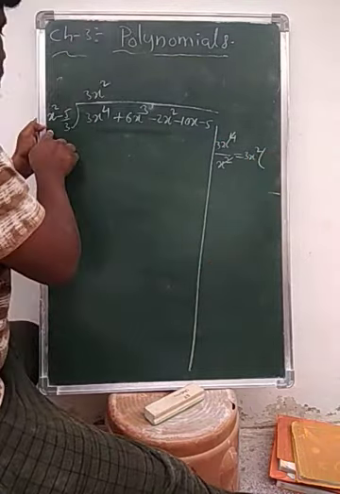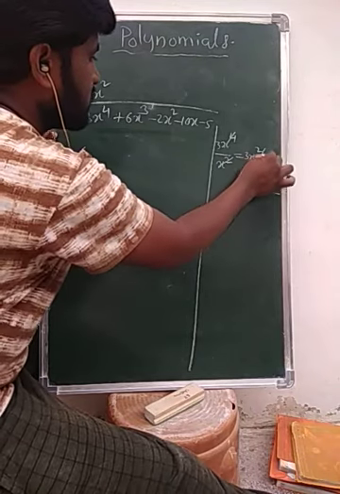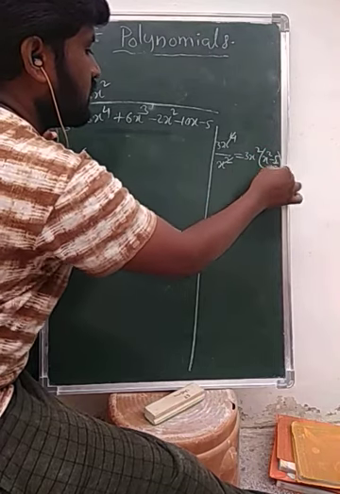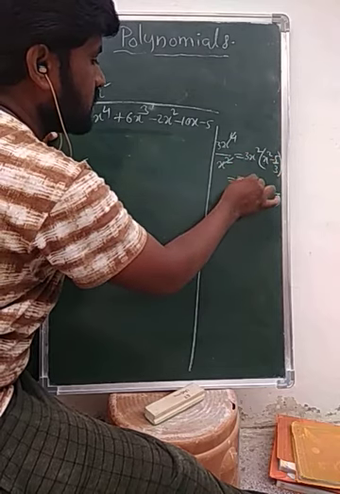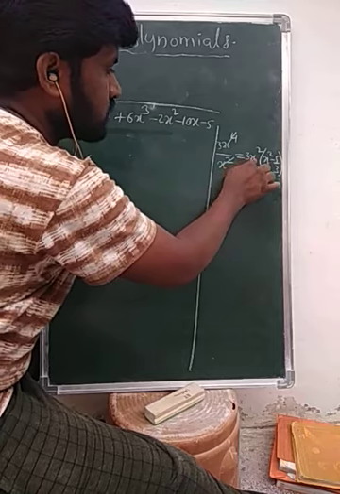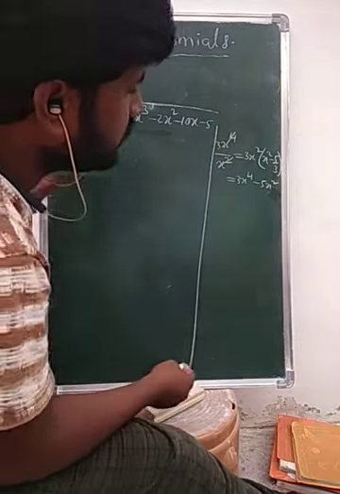Again you multiply the divisor, x square minus 5 by 3, with 3x square. Now 3x square into x square, that is 3x to the power of 4. 3 cancels, then x square into 5, that is minus 5x square. Is it clear for you?